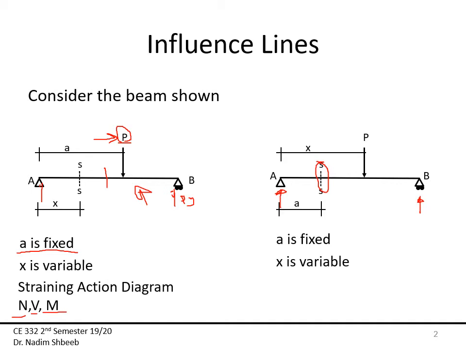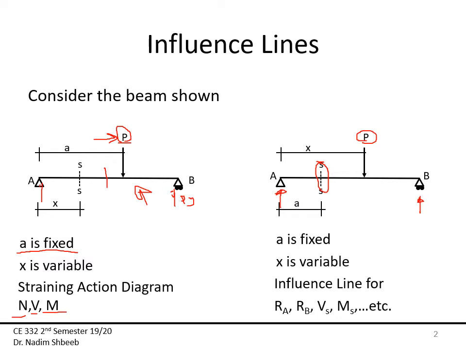Okay, so I want to know what happens at this section S, meaning what is the moment, what is the shear, okay, and if that's part of the frame, maybe what would be the axial force. Now if this load P is changing or moving, that's what I'm looking for.